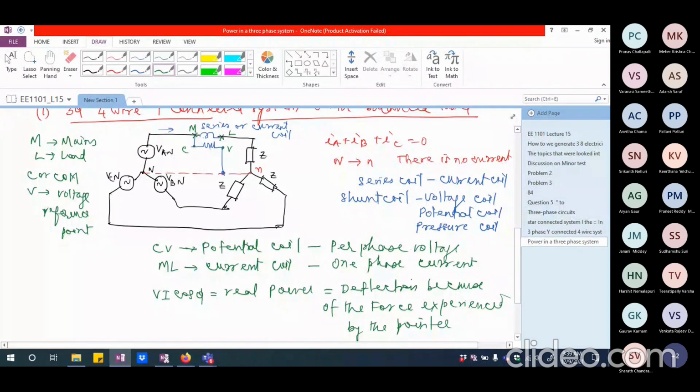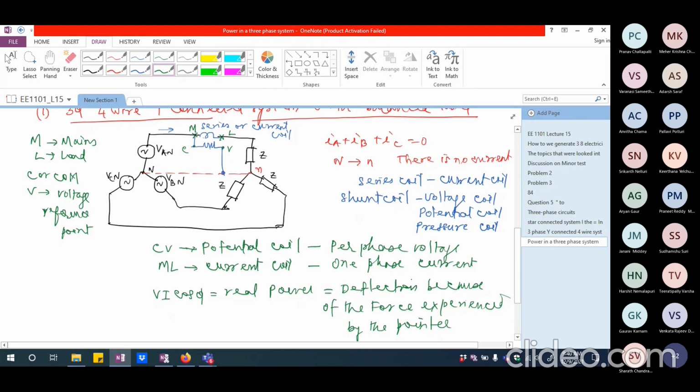Otherwise, if you apply a very, very low frequency supply, instantaneous power would also vary at extremely low frequency. So you may be able to see the pointer oscillating in the wattmeter. But when you have a 50 hertz supply, because of the inertia of the system, and the power is going to vary at twice the frequency, we drew this earlier also, it will vary at twice the frequency.